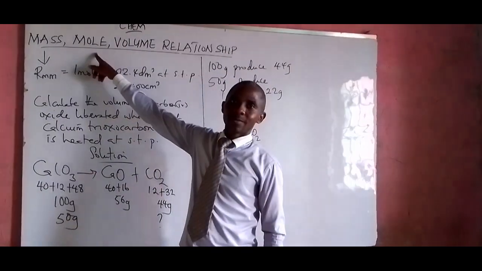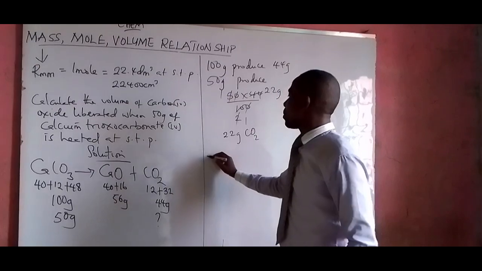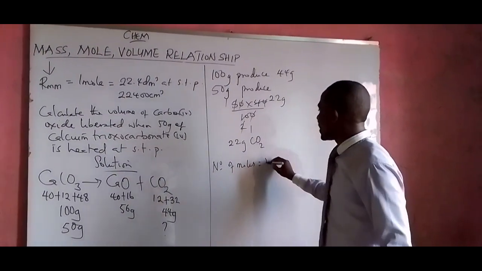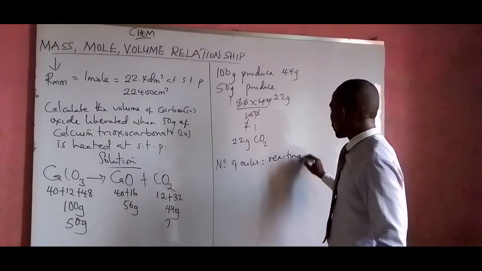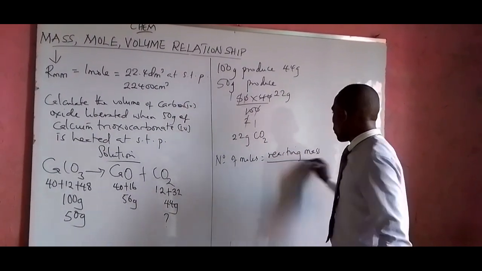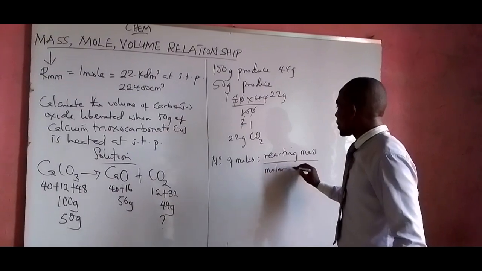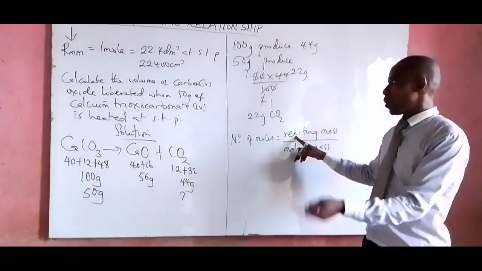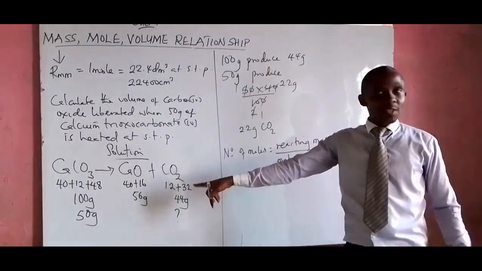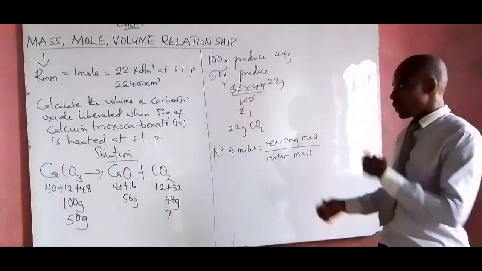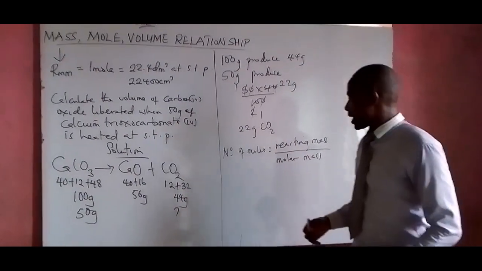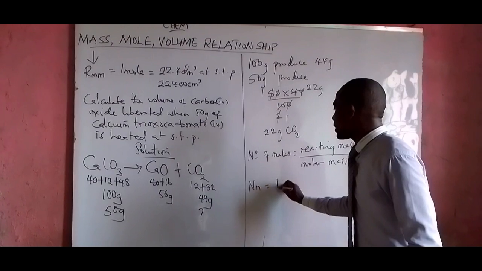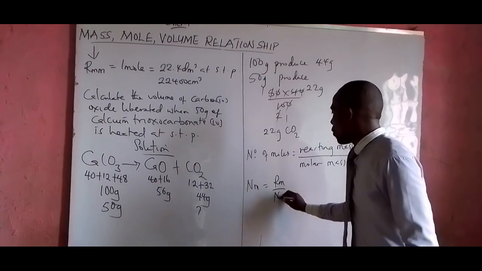Mole. Let's look at the formula for number of moles. Number of moles is equal to reacting mass over molar mass. The reacting mass is the mass given in the question or the one you have obtained through the reaction or the products, whatever we may have. Now you can have the number of moles. You can write it in short form like this, over molar mass.